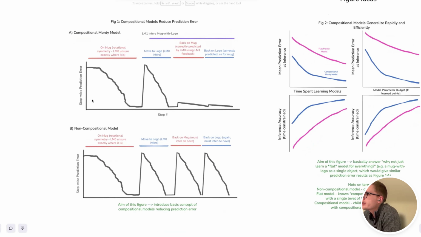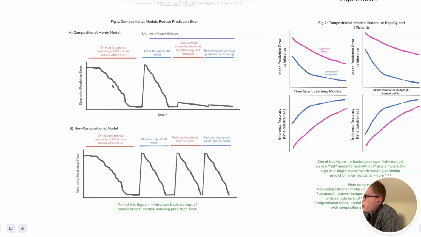This is to build an intuition for what compositional models are and where they're interesting. Obviously you'd have visualizations to go with this, but in terms of actual plot results, look at this stepwise prediction error over the steps of an episode, where the agent is looking at the mug with logo.